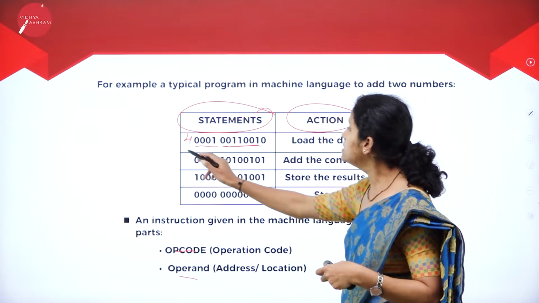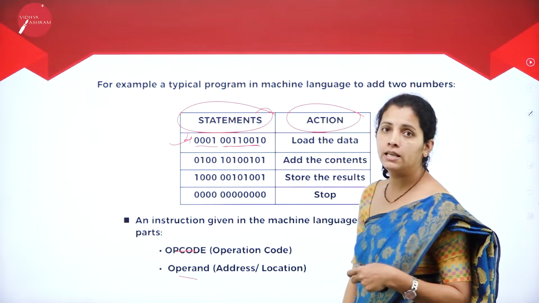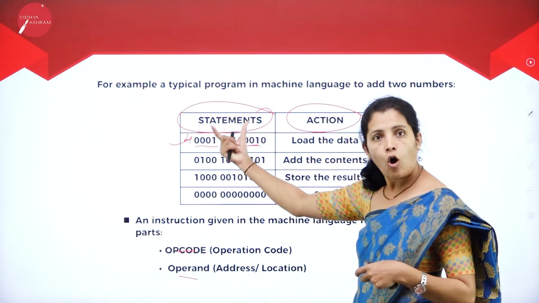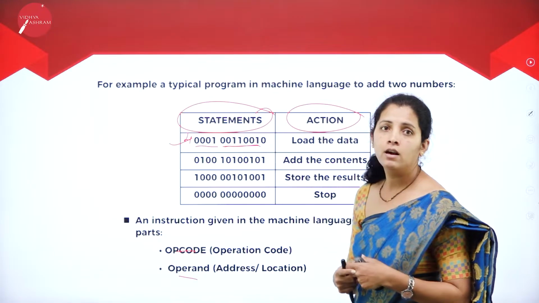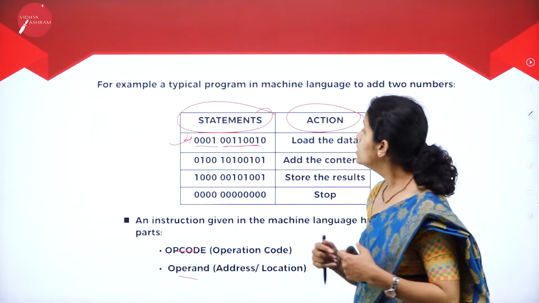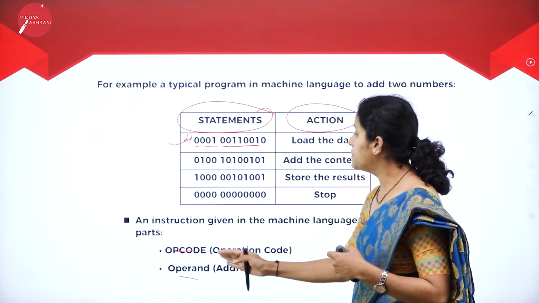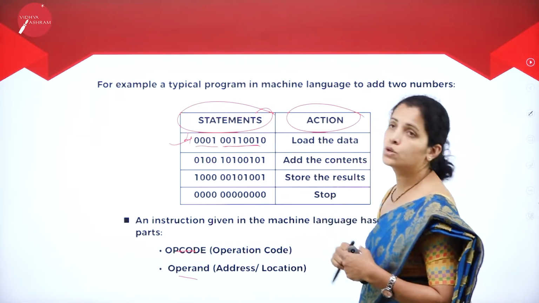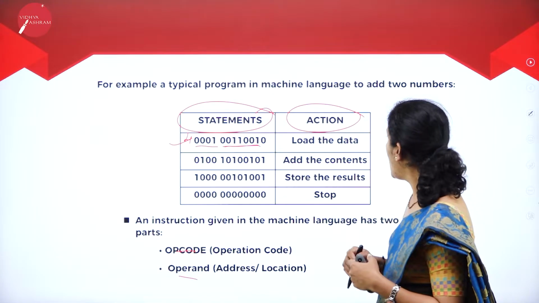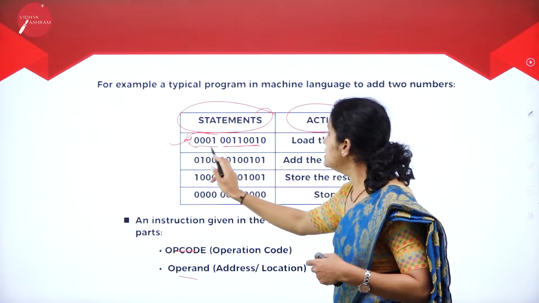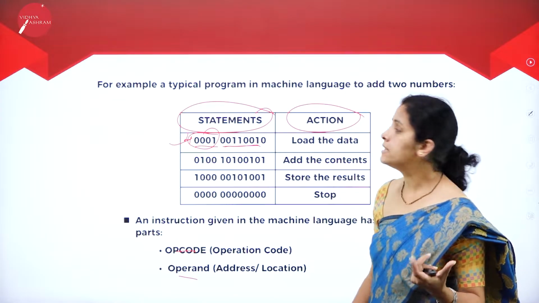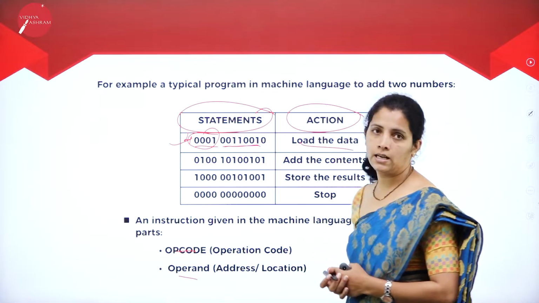Now, if I consider the first statement, at the beginning I have the opcode, then the operand. 4 bits are used to represent the opcode, 8 bits are used to represent the operand. And what's the instruction? That is load the data.